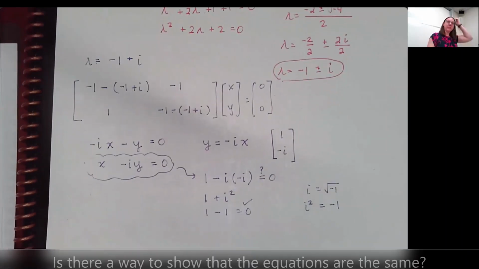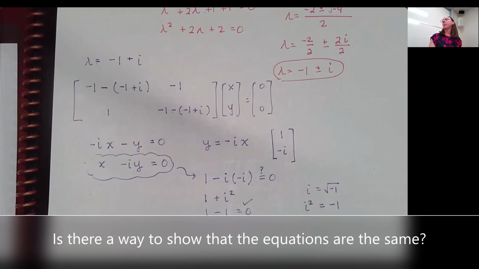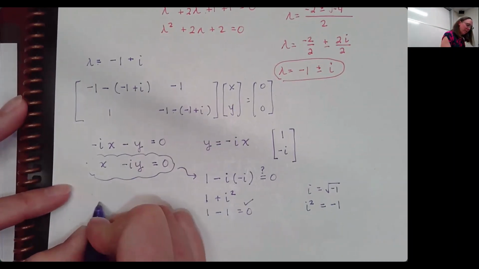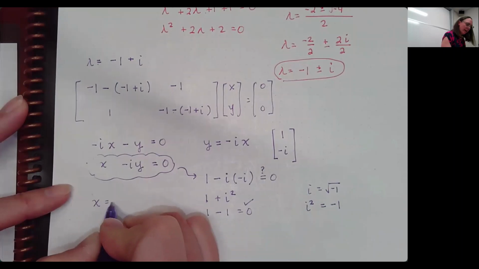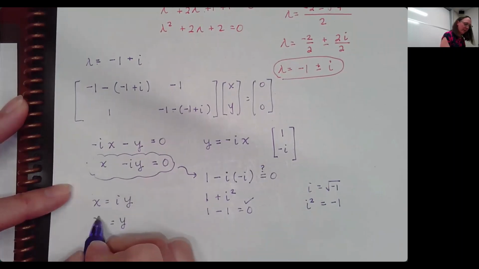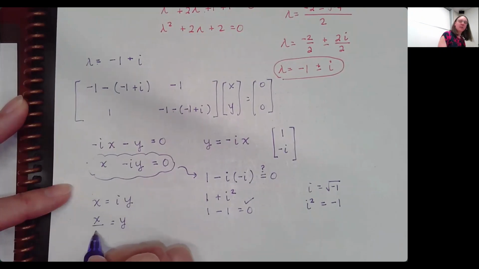I was getting confused when I saw that for y equals. So if I solve this to say y equals, I would have x is equal to i times y. So I would have y is equal to x divided by i.